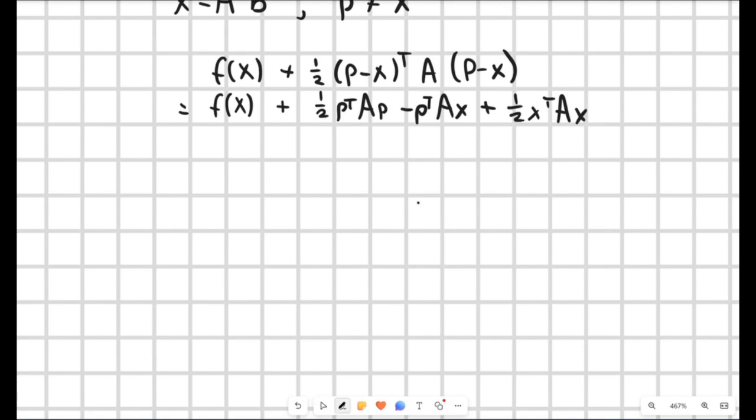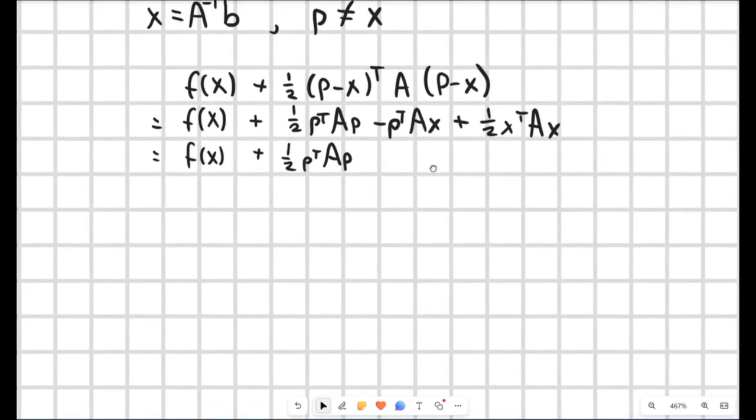But here we note that by definition Ax is equal to b, because that's the problem we're trying to solve. So here we get a minus p transposed b, and then this is still the same, half x transposed Ax.